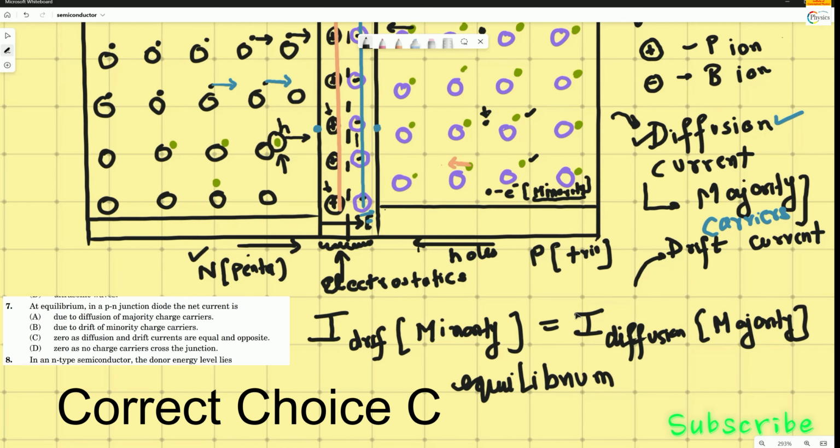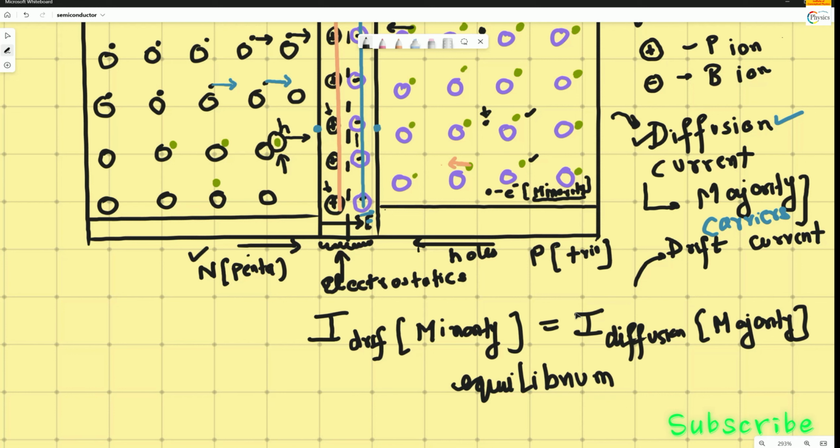Now, during equilibrium, if you notice, the diffusion current has become equal to drift, and the direction of the current is reverse. The diffusion current is flowing in a direction which means the excess electrons move from left to right like this, and the excess holes move from the right side to the left, which means the overall direction of the current was like this.